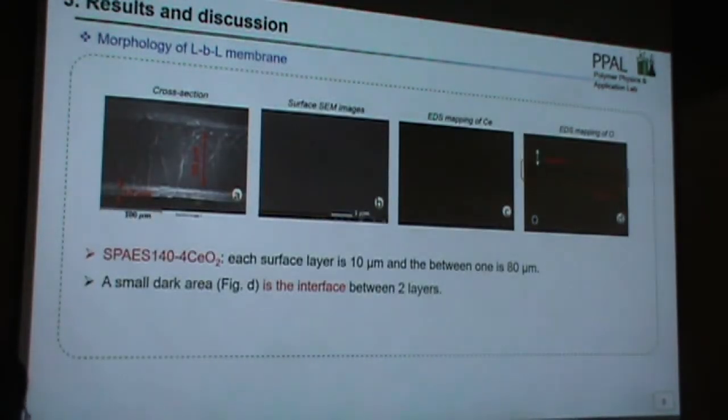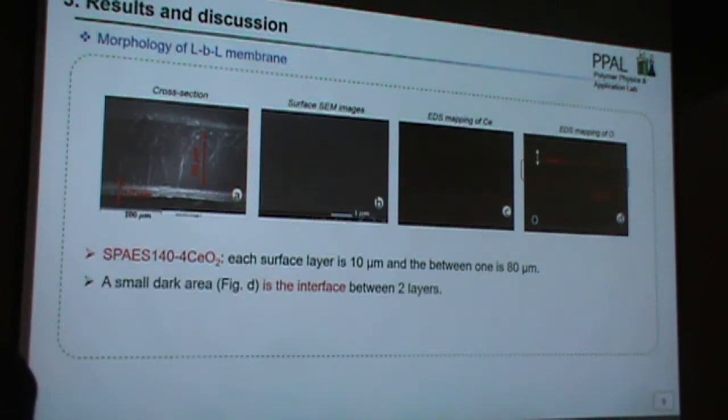And this is the image of the layer by layer membrane containing 4% of the cerium oxide. We can see in figure A that is the electrolyte membrane. It has both the surface layer of about 10 micrometer and the middle layer of around 80 micrometer. And figure C and D are the EDS mapping of the cerium and the oxygen element.